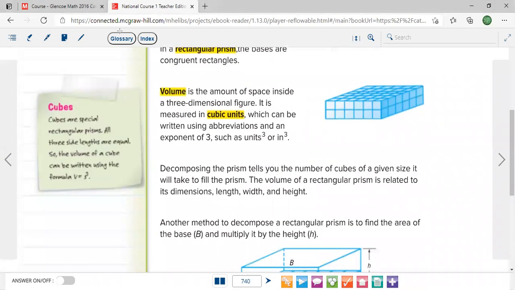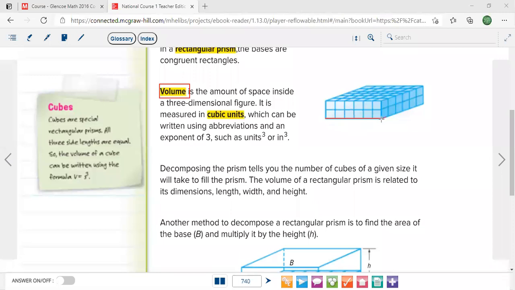Volume, what does this word volume mean? Volume means how many cubic units can fit inside a figure. An easy method to find how many small cubes we can have here: we count the length, it's 1, 2, 3, 4, 5, 6.